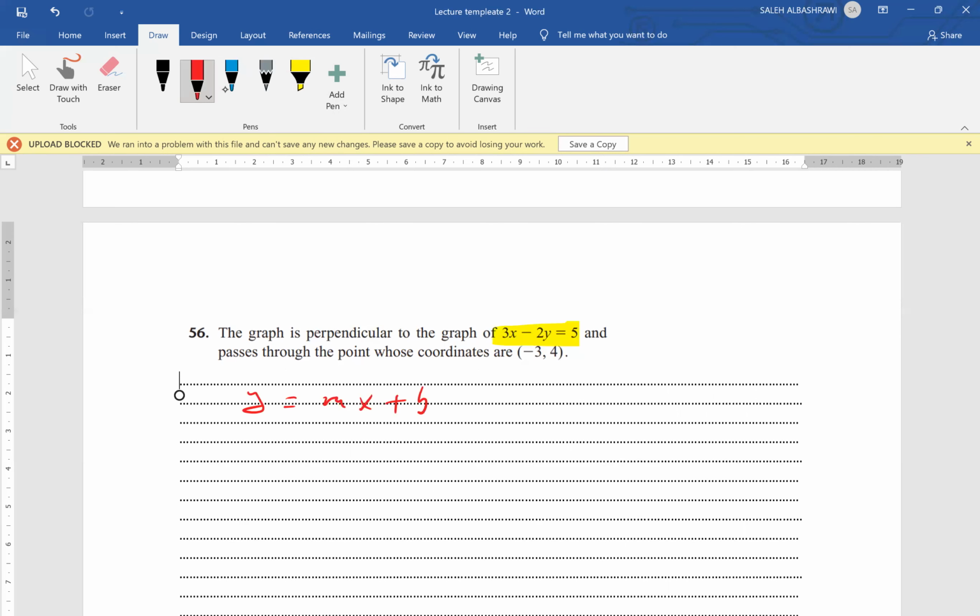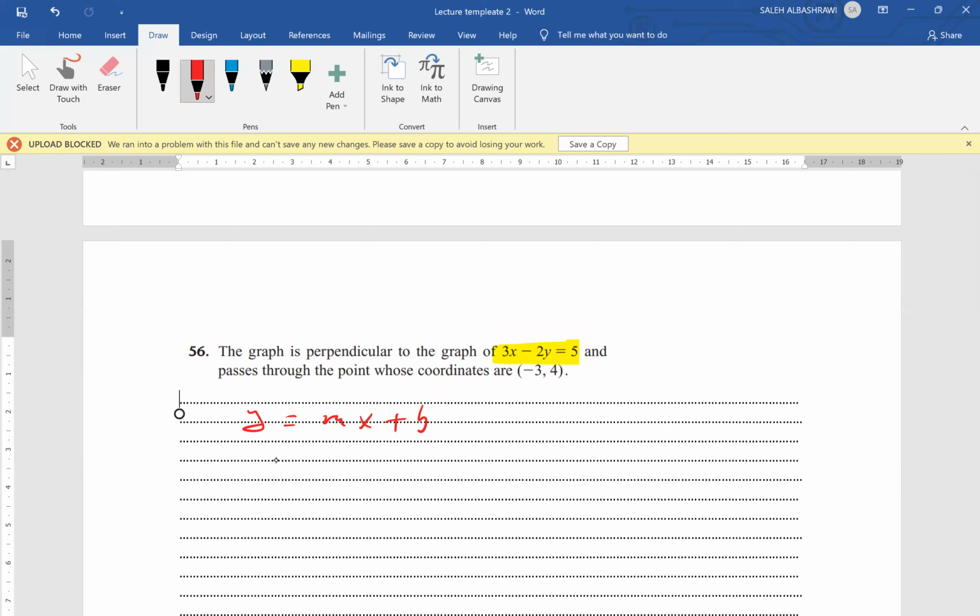Now I have 3x minus 2y plus 5. 3x minus 2y. I will move this to the other side. I will have minus 2y equals minus 3x plus 5, divided by the coefficient of y, which is minus 2.